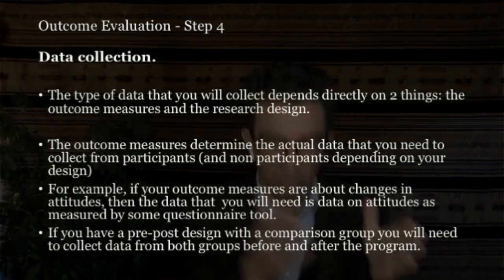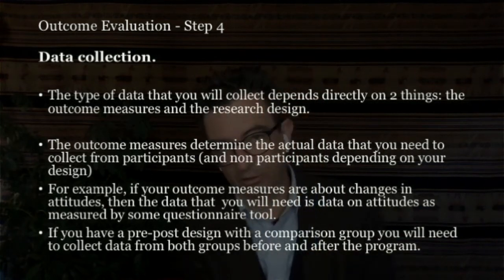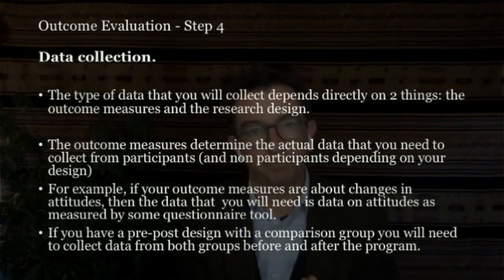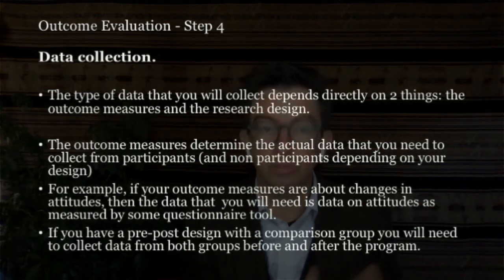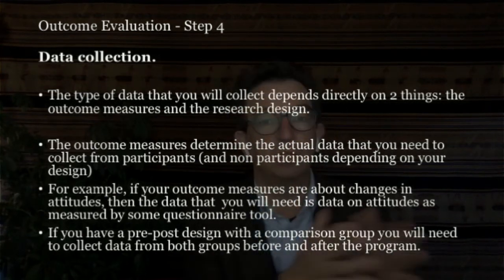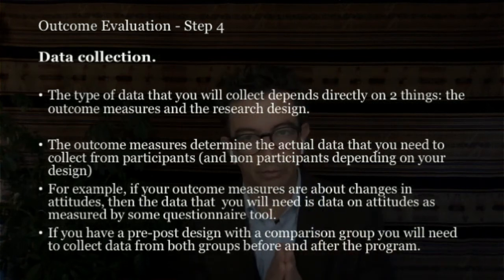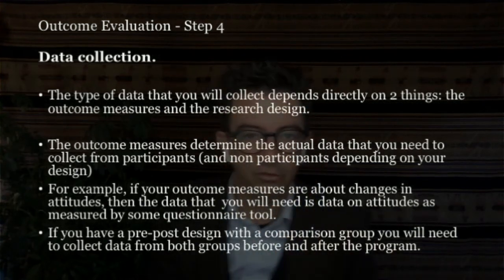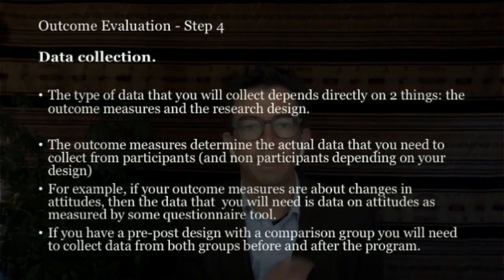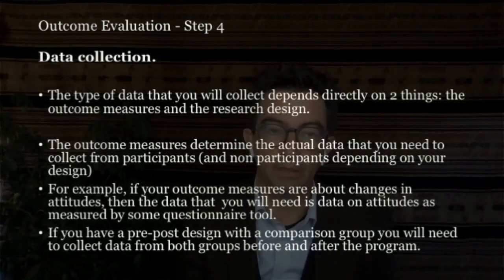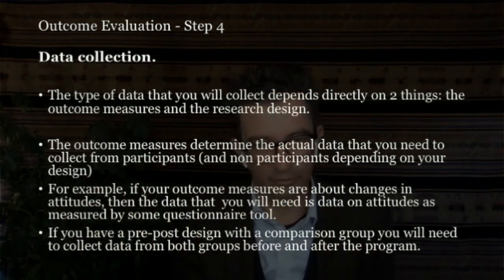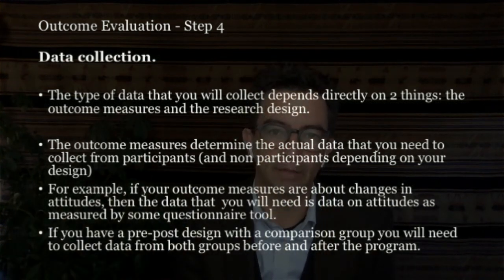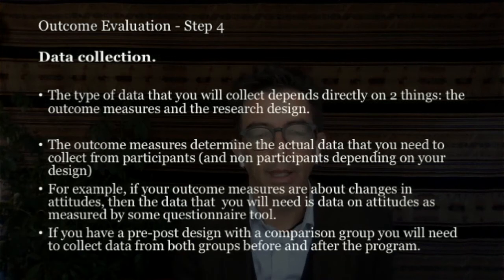If it's a test, you need to test the participants and the non-participants. If it is some survey, you need to do that survey. If it's some observation, you need to conduct that observation based on the outcome measure, right? If you have a pre and a post, remember to do that before the intervention and after the intervention, right?